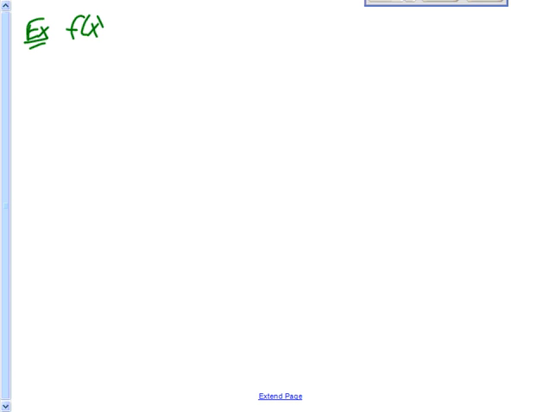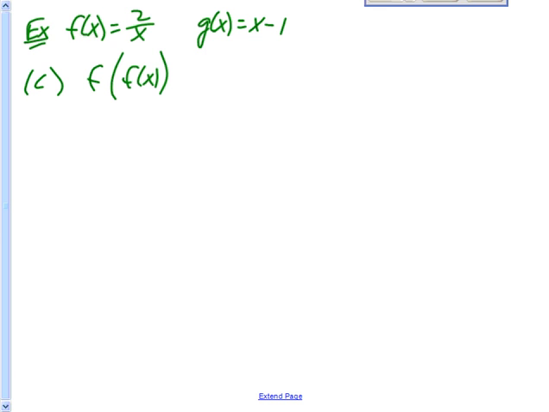Okay, f of x was 2 over x, right? And I think g of x was x minus 1. Let's go ahead and find f of f of x. So this is part C. So how about f of f of x? Let me give you that other notation as well, in case you see that. f composed with f of x, which is again the same thing as f of f of x.